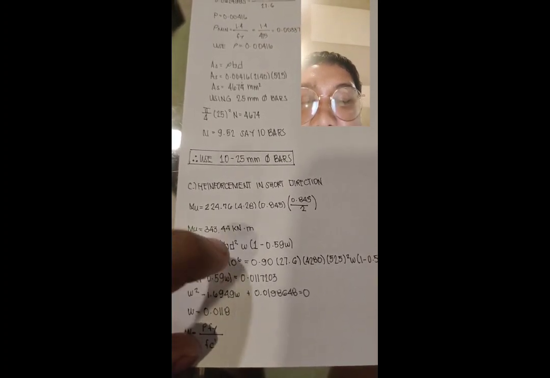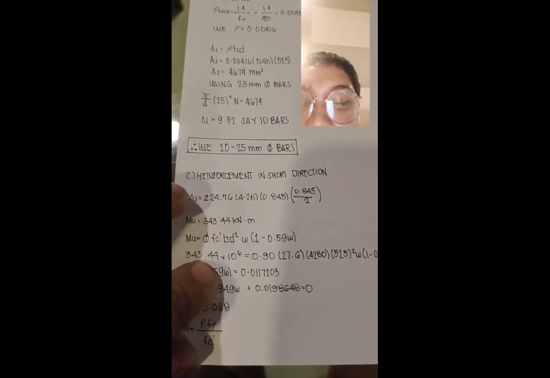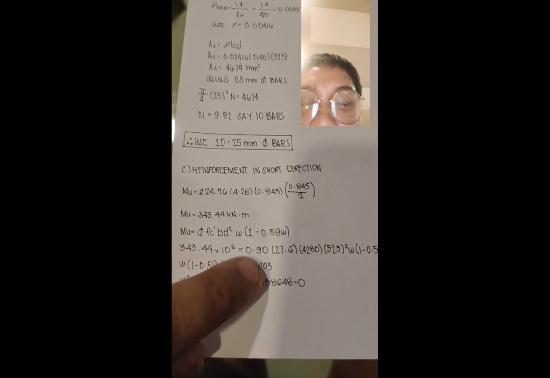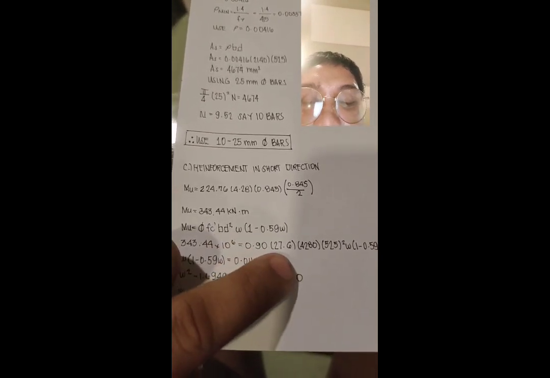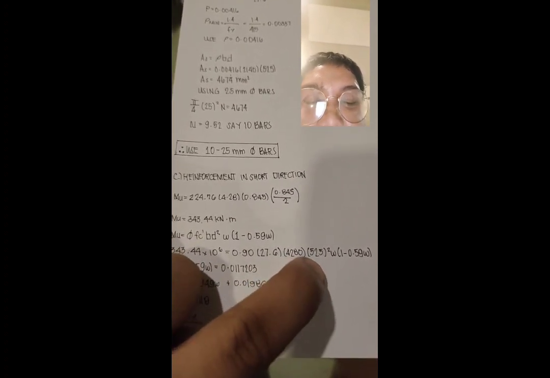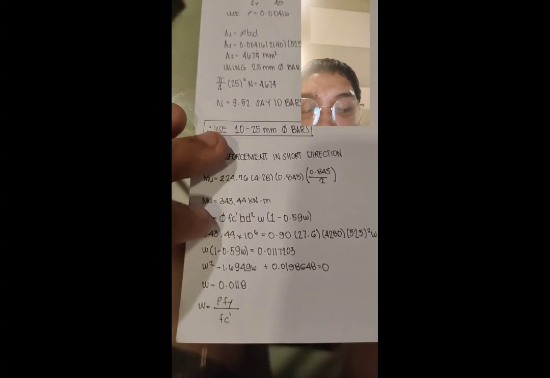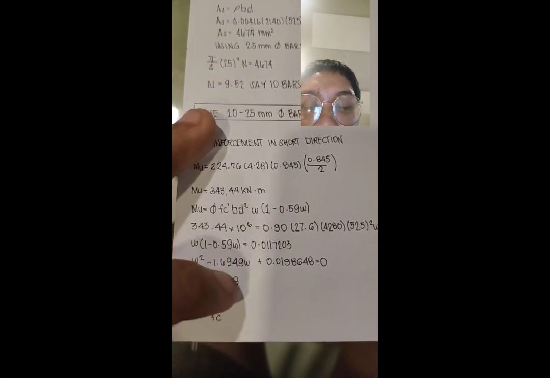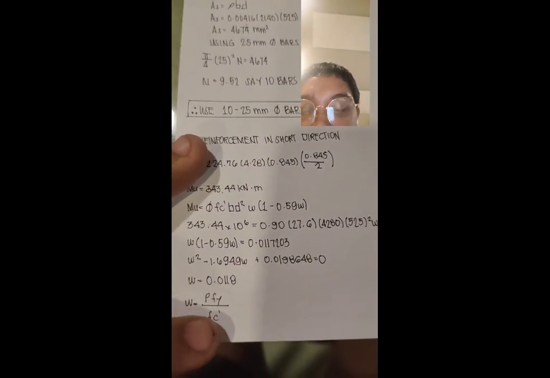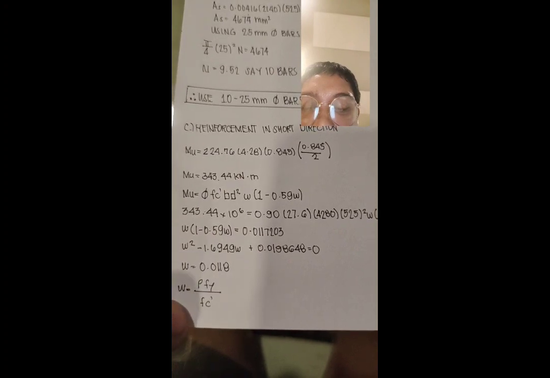Again, MU equals phi FC prime BD squared W times 1 minus 0.59 W. So 343.44 times 10 raised to 6 equals phi of 0.90 times FC prime 27.6 times B of 4280 times D of 525 squared, W times 1 less 0.59 W. So manipulating again, equating the equation to 0, we get W as 0.0118. So W equals P Fy all over FC prime.